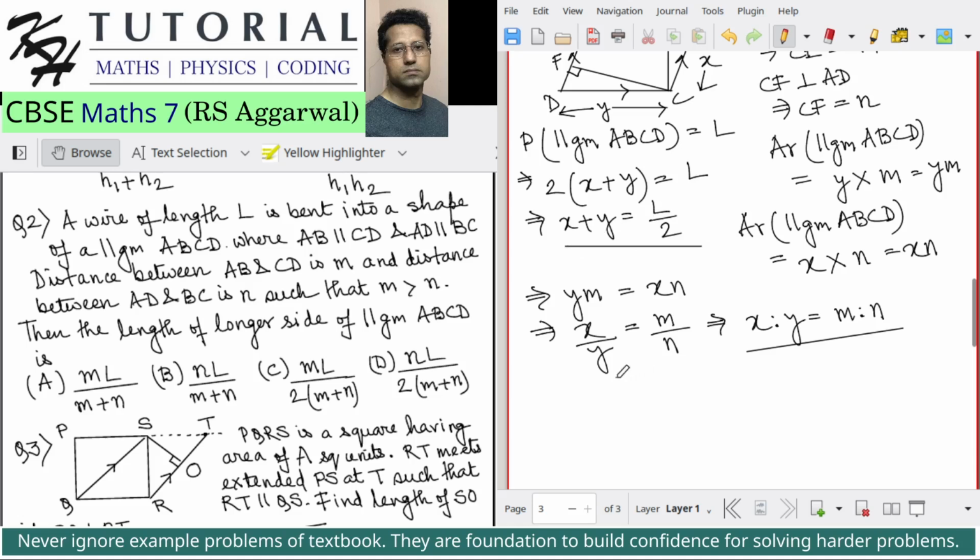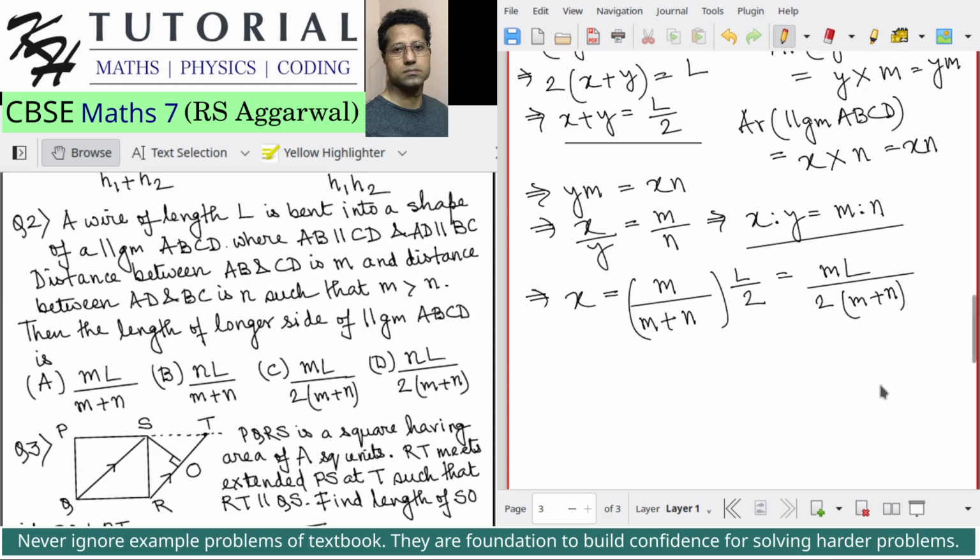From the concept of ratio and proportion, since X is to Y is equal to M is to N, the value of X will be M by (M plus N) multiplied by the sum of the values of X plus Y, that is L by 2, which is equal to ML divided by twice of (M plus N).